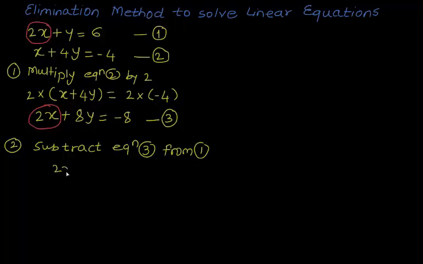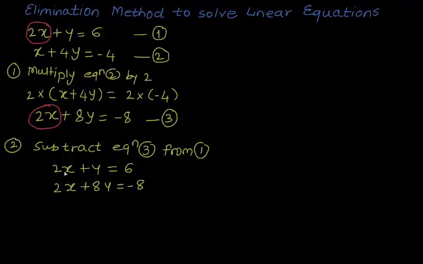So let's write down the equations again. The first equation is 2x plus y is equal to 6, and the third equation is 2x plus 8y is equal to minus 8. This equation is nothing but the same as equation 2. We just multiplied both sides by 2 so that we can remove one variable.